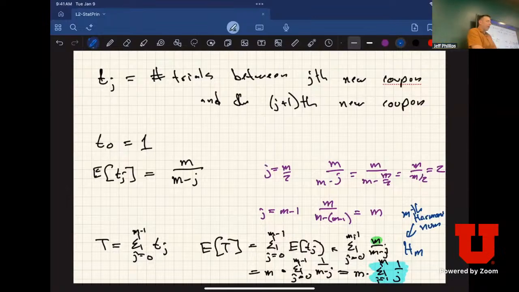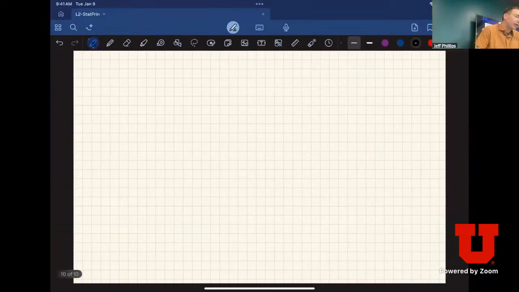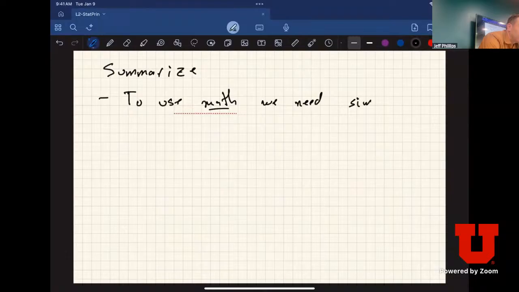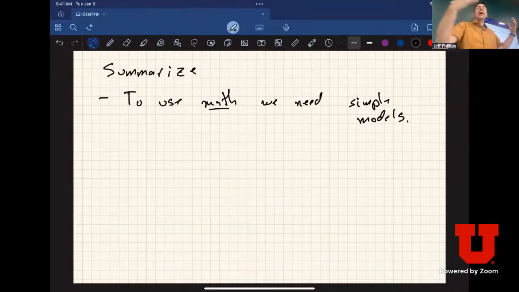Okay, so what did we learn today? Just to summarize. To use math, we need these simple models. Once we have a simple model, then we can analyze it either approximately, like we did with the birthday paradox, or quite precisely, like we did with the coupon collector.